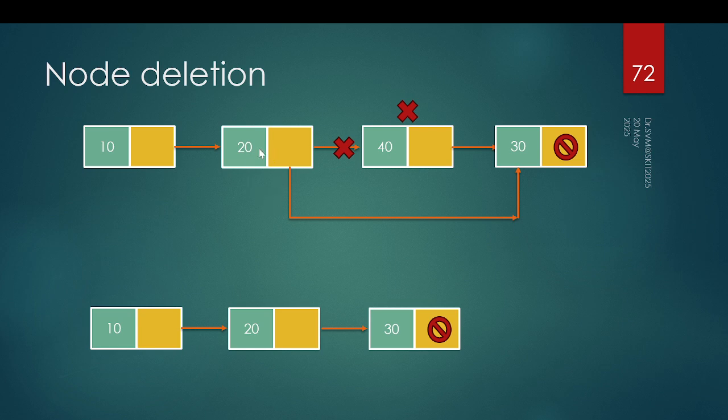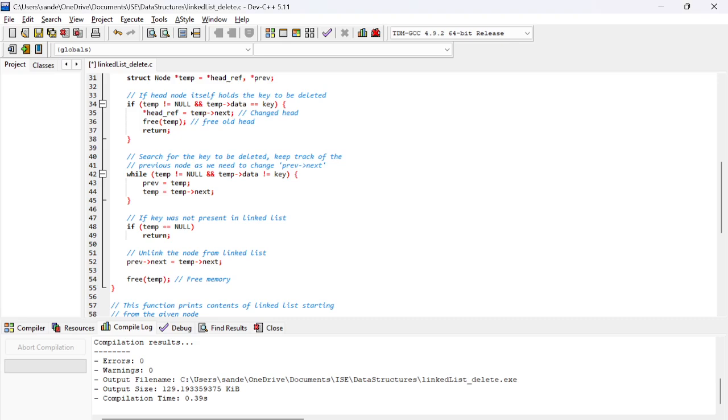No. Then we call this temp and move one step ahead. Is this having the value we are looking for? Yes. Therefore, we come out of that loop. When we come out of the loop, this was the temp and this was the previous. So that's what we have here.